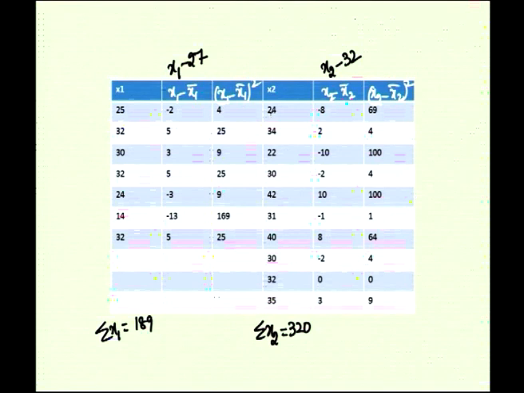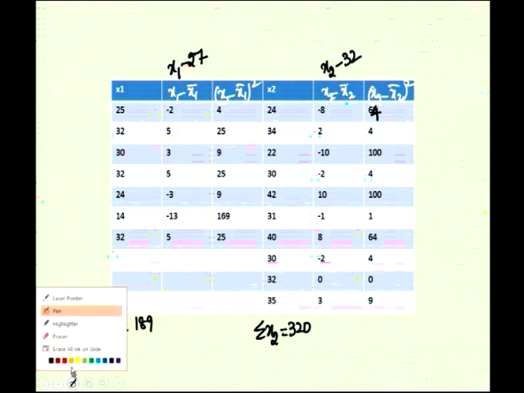So 24 minus 32 is minus 8, 34 minus 32 is 2, 22 minus 32 is minus 10. Like that this column is formed. And then its square values are 8 square is 64, 2 square is 4, like that this column is formed.